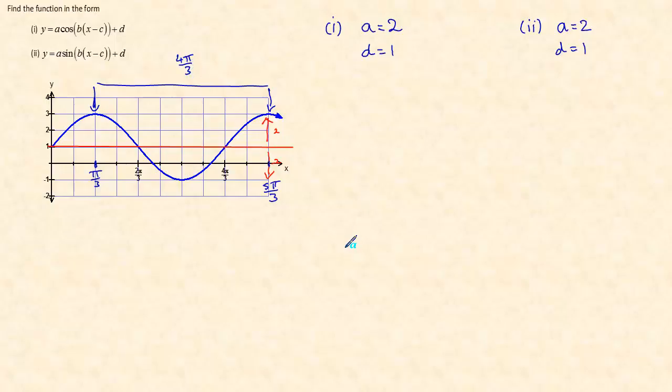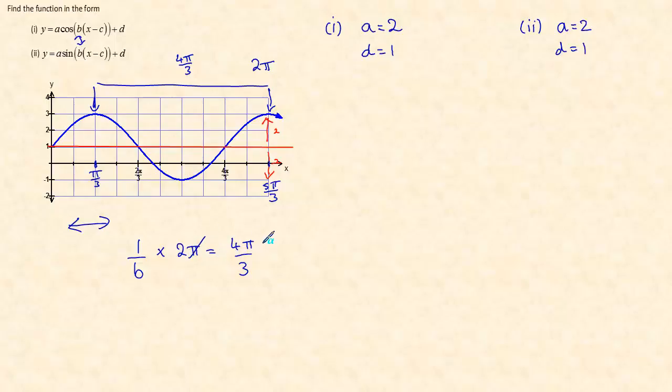Now we know that the standard sine and the standard cosine both have a period of 2 pi. So if B is here, we know that the scale factor for the horizontal dilation is 1 over B. So 1 over B times the original 2 pi must be equal to 4 pi by 3.